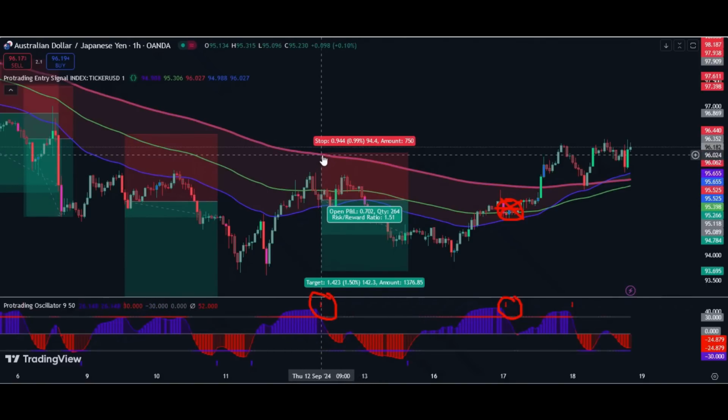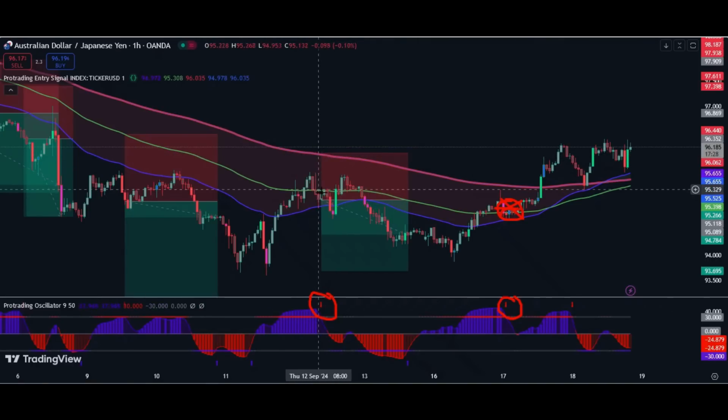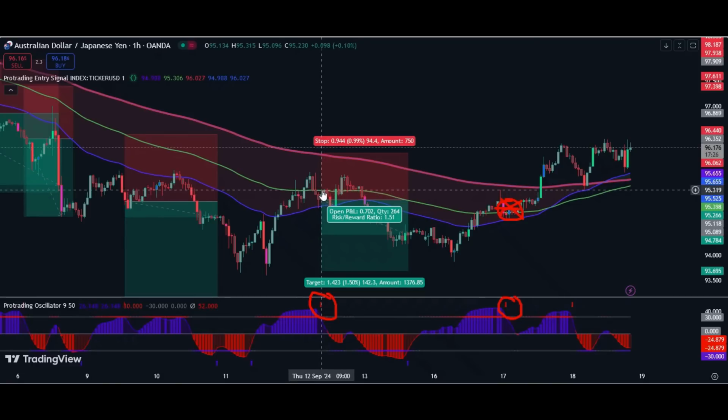Our stop loss is on the next exponential moving average, which is the 200 in this case, because the price is between the 100 and 50. The target we have for this is 1 to 1.5.